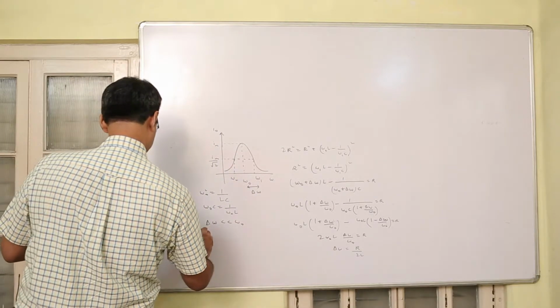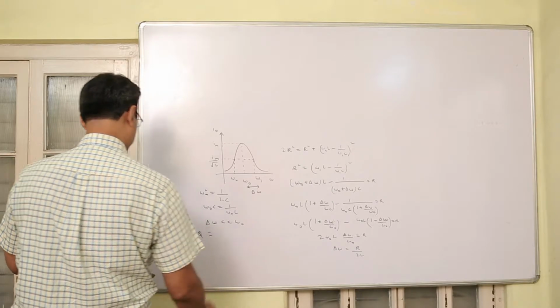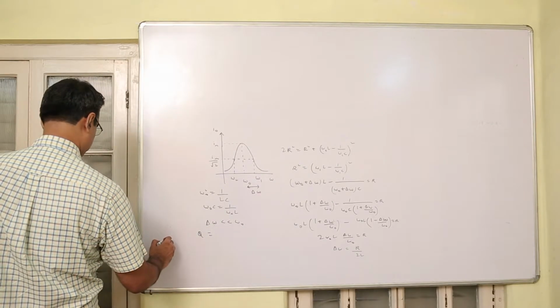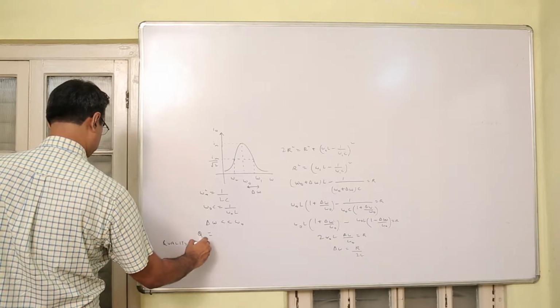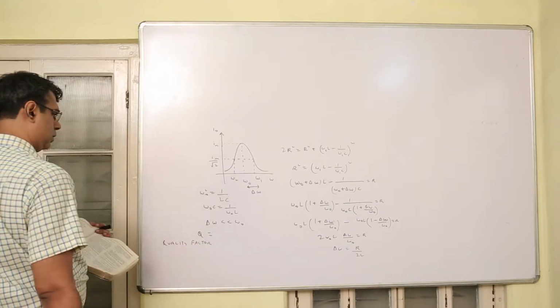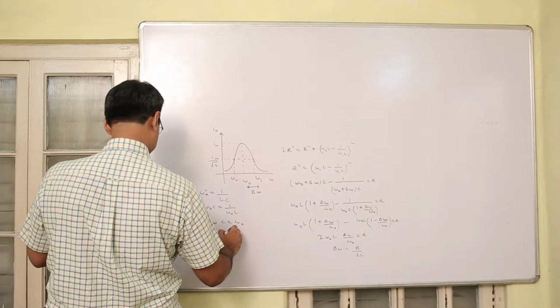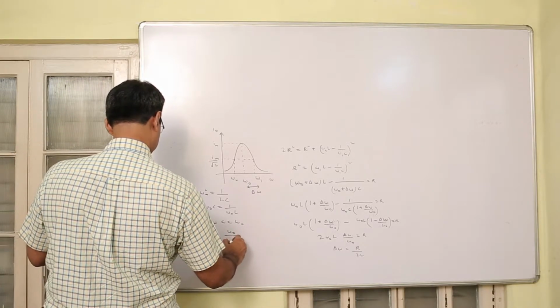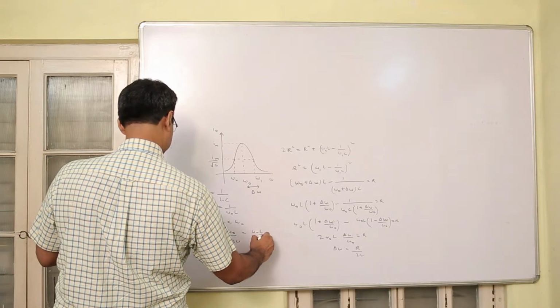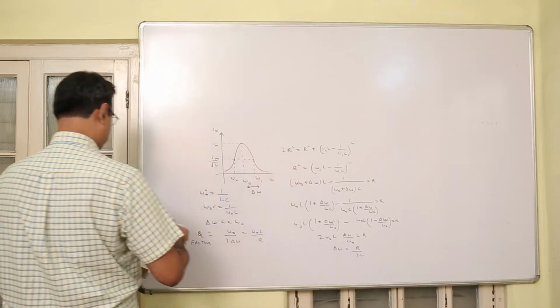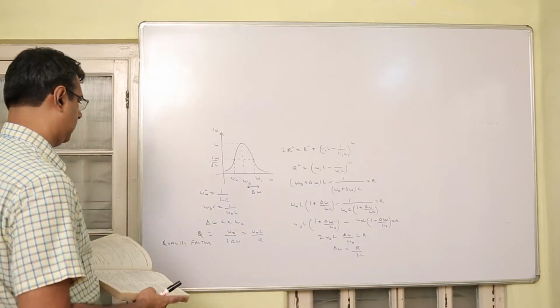In such a circuit, there is a term called Q. Q is called quality factor. So quality factor is given by omega 0 by twice delta omega, and you will see by using this relation that its value is omega 0 L by R.